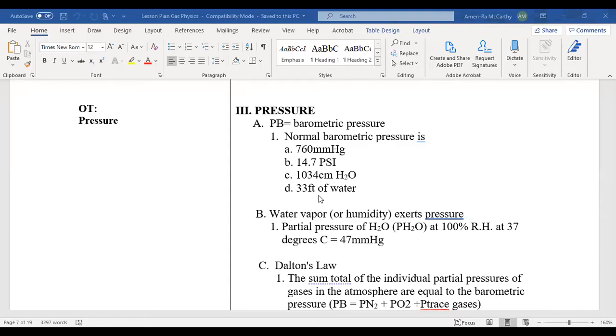The partial pressure of water at 100% relative humidity and 37 degrees Celsius is 47 millimeters of mercury. That's where they got the 47 from. At normal body temperature and 100% relative humidity, which you'll learn about later in the next session on aerosol and humidity, the partial pressure of water vapor is 47 millimeters of mercury.